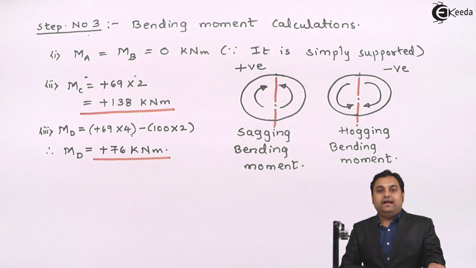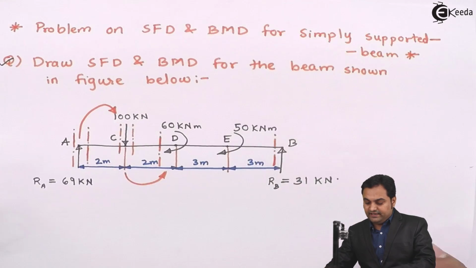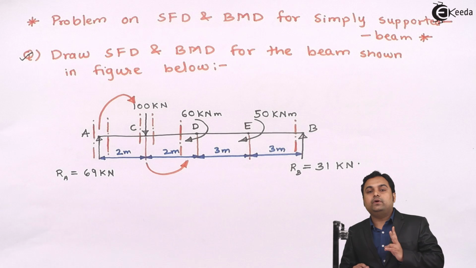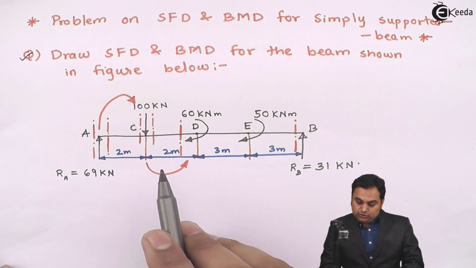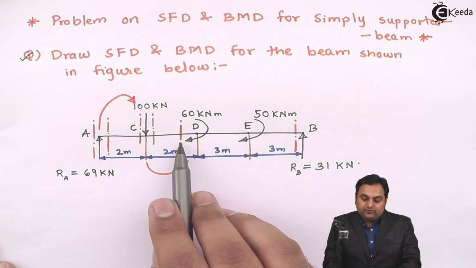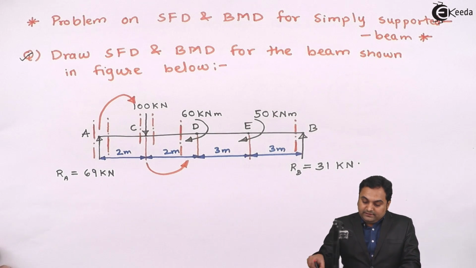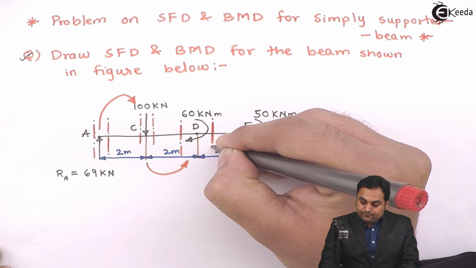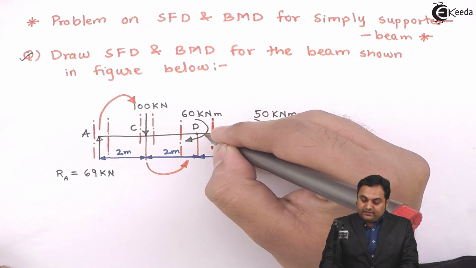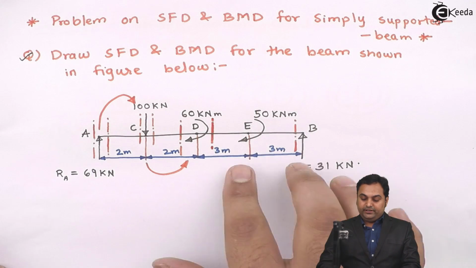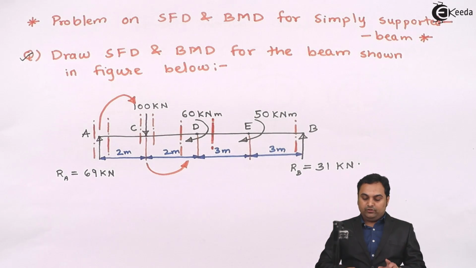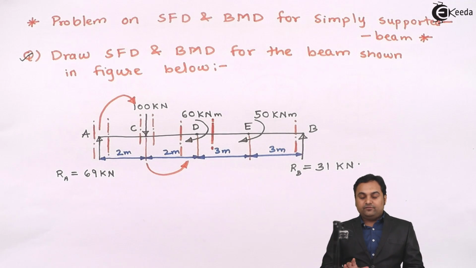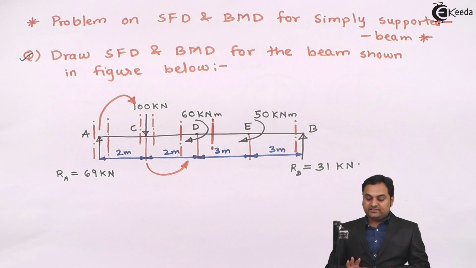After this, as I have told, whenever there is a moment acting at a point which is given in the problem, we are going to have two values of bending moment at that point. So first, by taking the section to the left of that point, now I take the section to the right hand side of this point D. So if I am taking the section to the right hand side of this point D, the remaining moment which I have calculated, that is 69 into 4 minus 100 into 2, that gives me the value as plus 76 kilonewton meter.